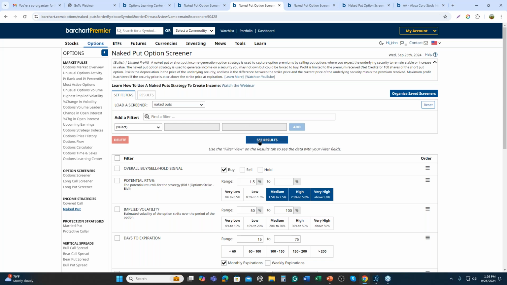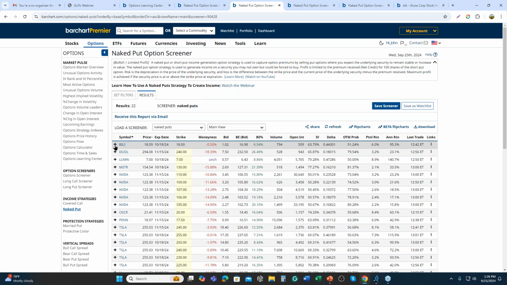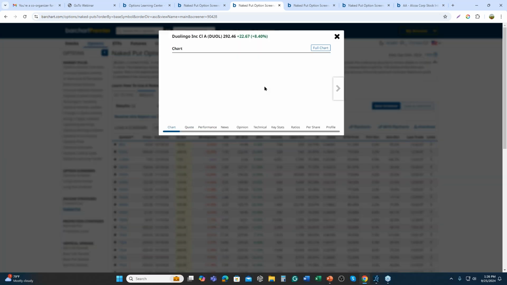So if you're not familiar with one of our features on Barchart, if I go to the plus sign here, and you can find this on the actual individual specific equity chart, you will find a link to find Barchart opinion.